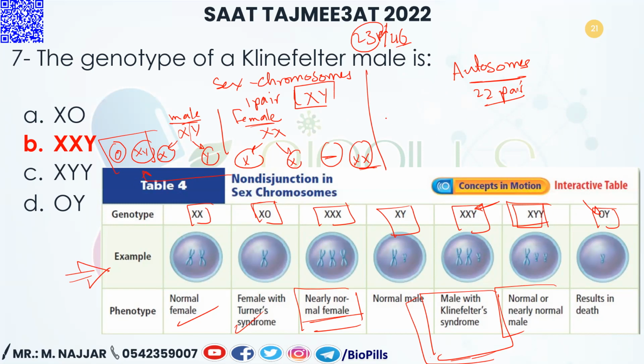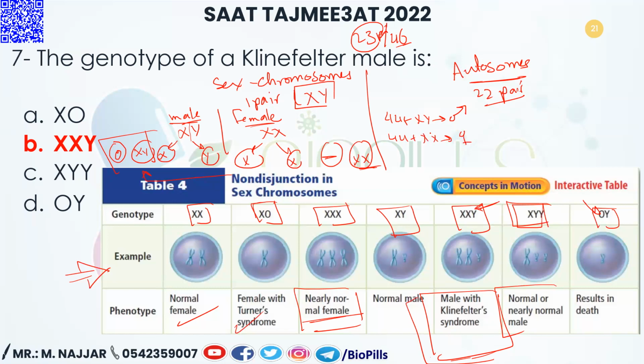For example, the one that didn't come in this trial but came before, such as Down syndrome. The normal composition is 44 plus XY in a normal male, or 44 plus XX in a normal female.